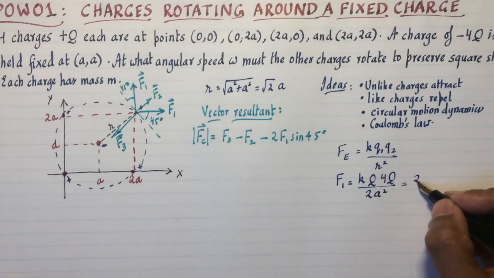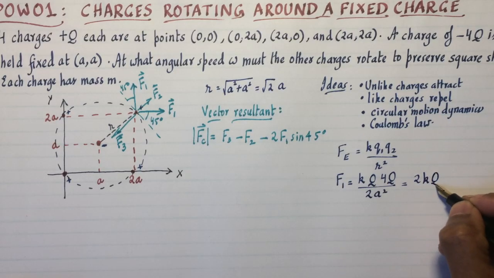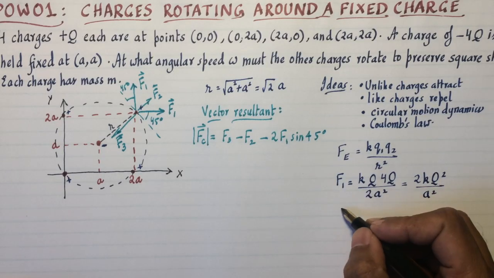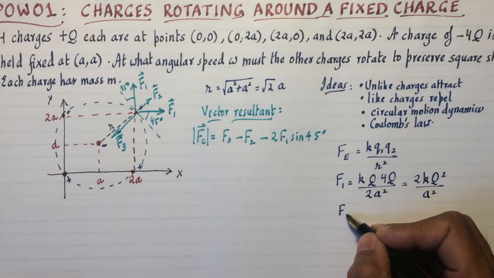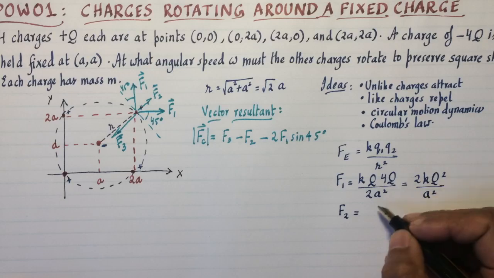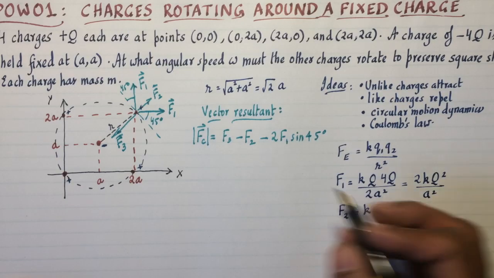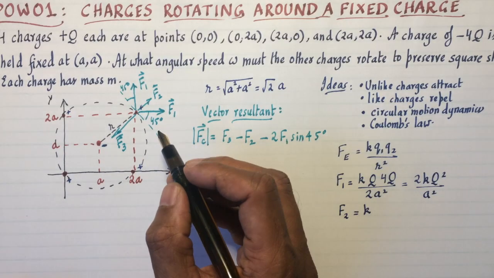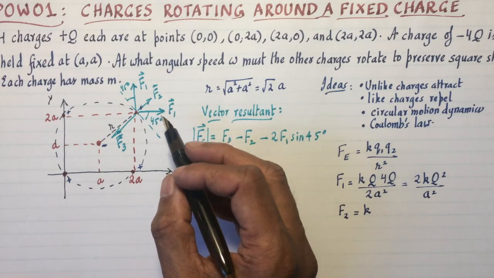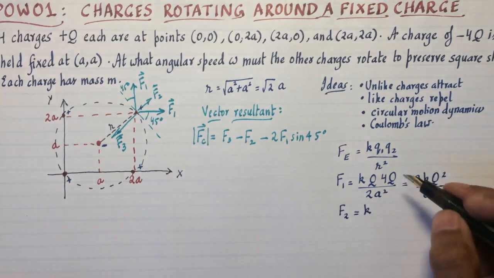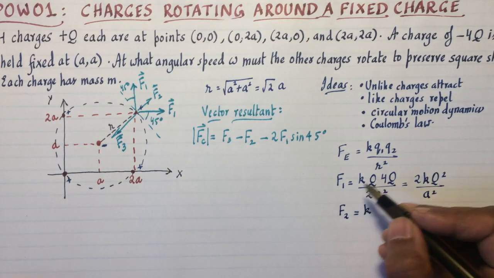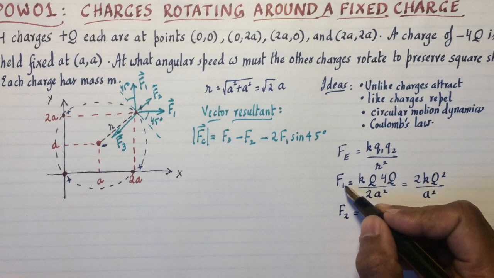So that's going to be 2 times KQ squared over A squared. Similarly, we can find the remaining forces. Actually, what I've found here is F3, I believe.